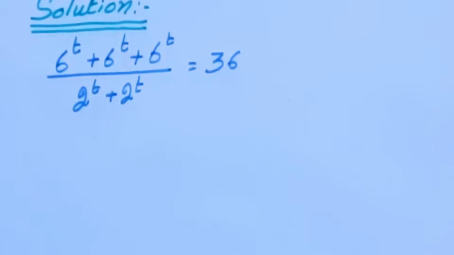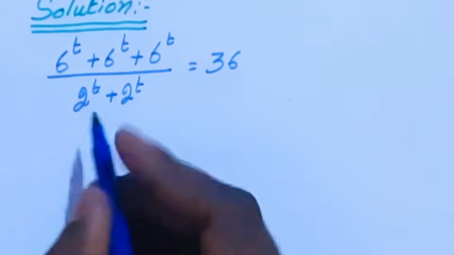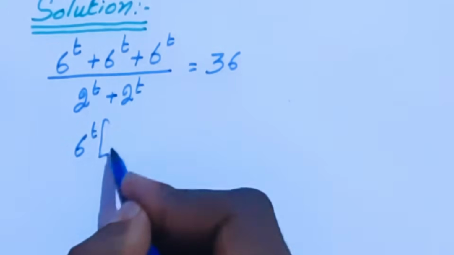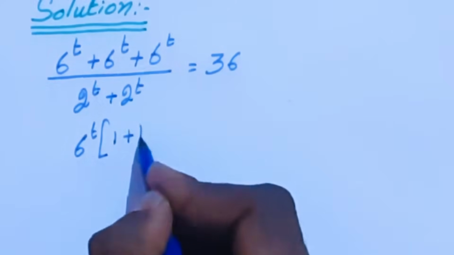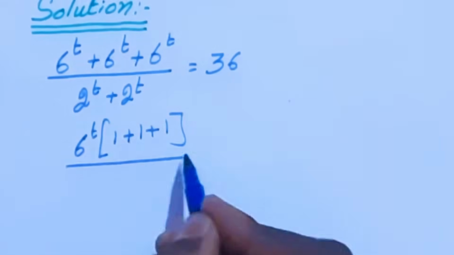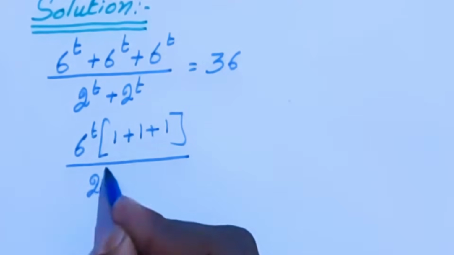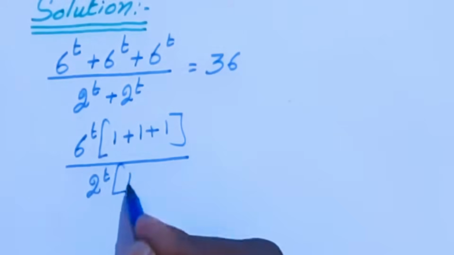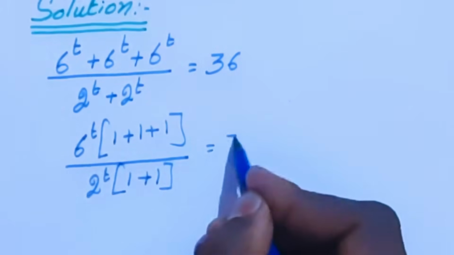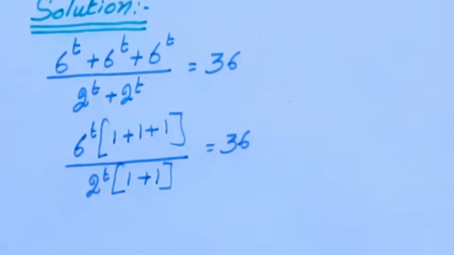Now this 6 power t is common, so we are going to take that 6 power t open bracket 1 plus 1 plus 1 by, in denominator 2 power t is common, so 1 plus 1 equal to 36.